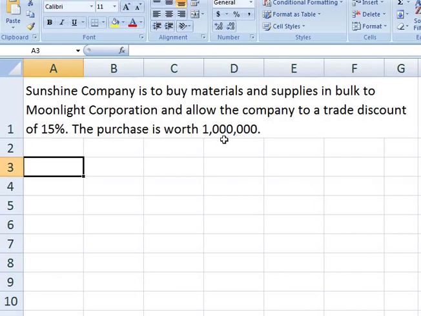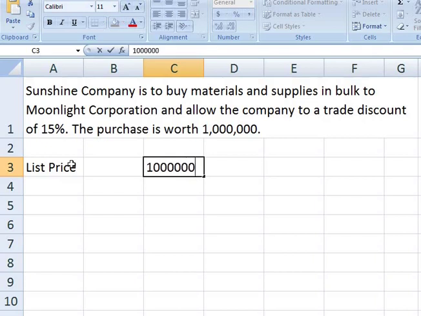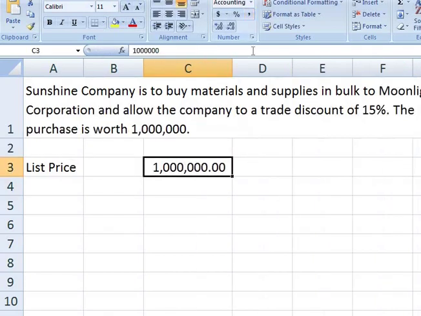So, take note, yung 1 million na yan, we turn it as our list price, or others also turn it as your catalog price. So, 1 million. So, yun yung naka-reflect doon sa advertisement ng company.